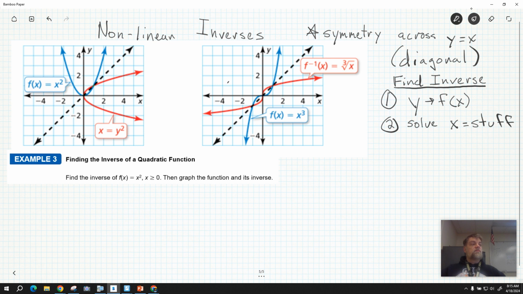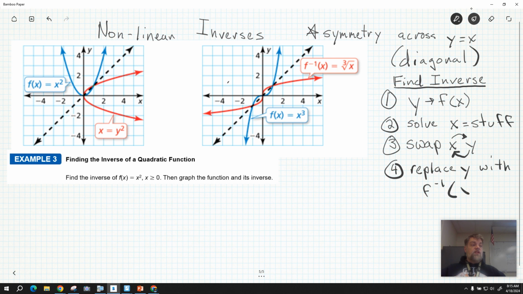Okay? Step 3 would be swap x and y. Then replace y with the f inverse notation. Okay?